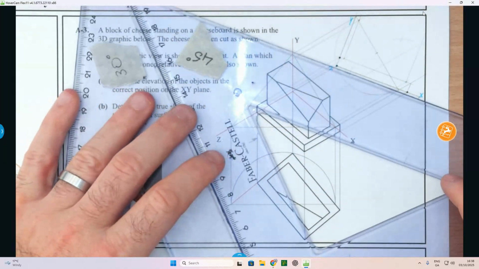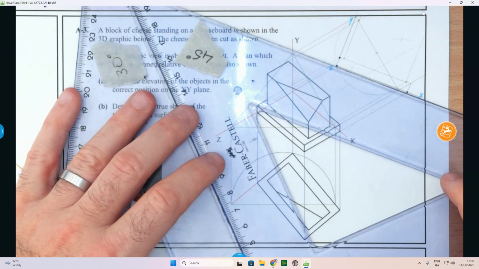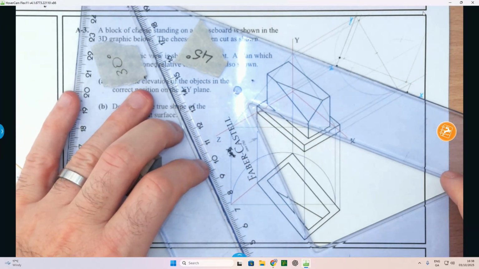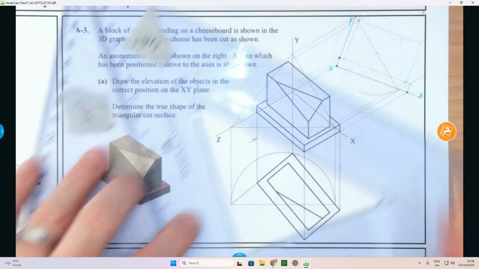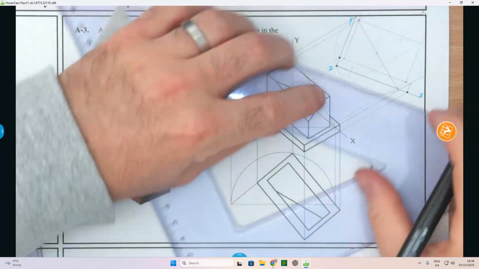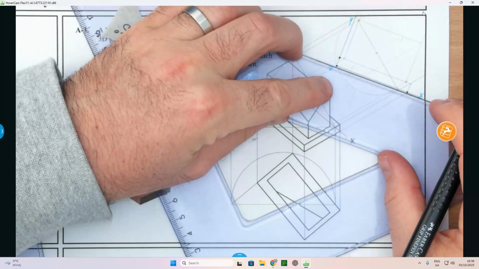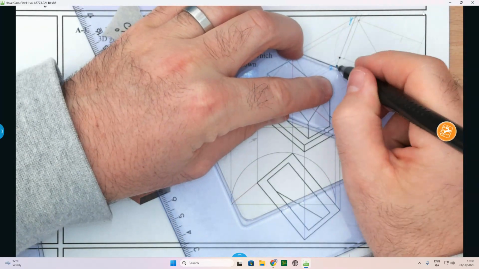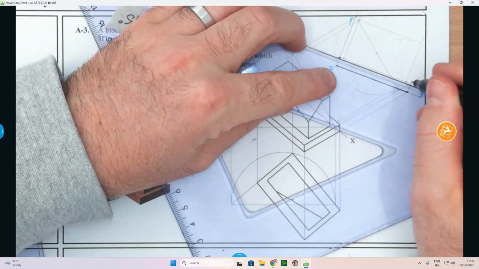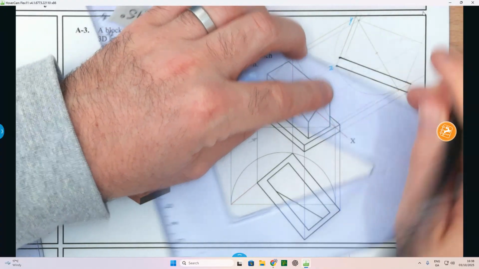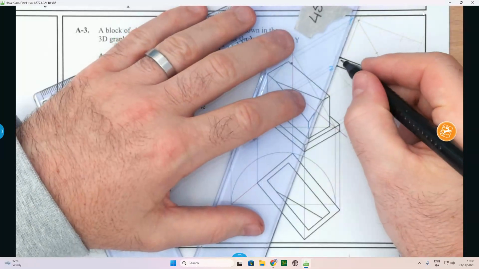So I can use the XZ plane, parallel with that. Go across. And there we go. Now let's just heavy in what we can see. So we know what we're doing.